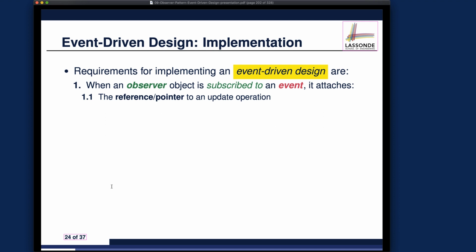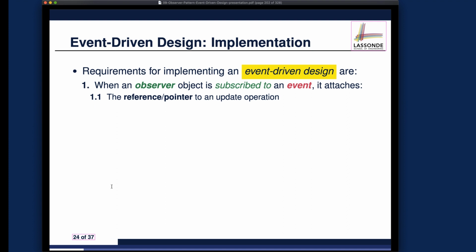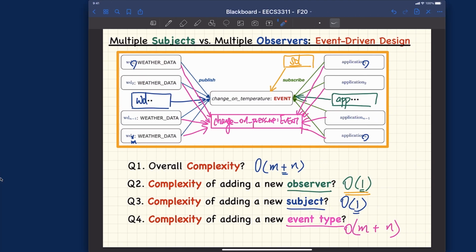Think about it, we simply remember there's an update routine for every observer, right, in design number 2. So now we're simply going to attach a pointer to that update operation. What I meant was, if you go back here, imagine that over here, let's say for the SD, for the statistics, we've got some update operation over here, or update command.